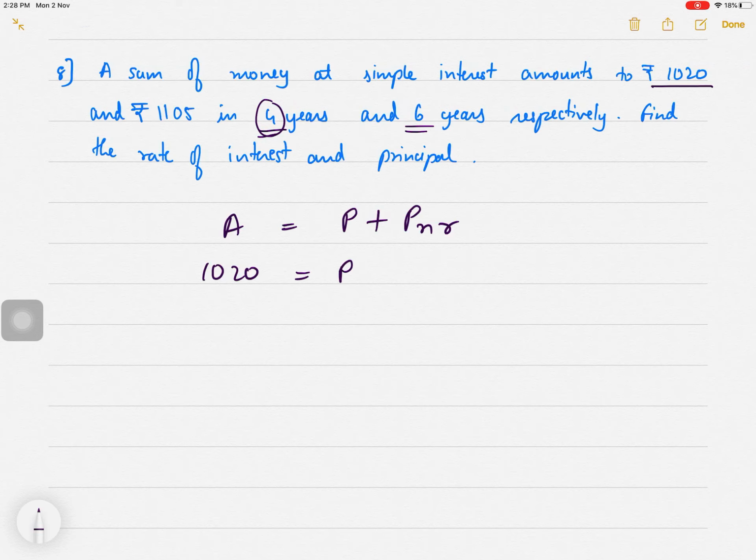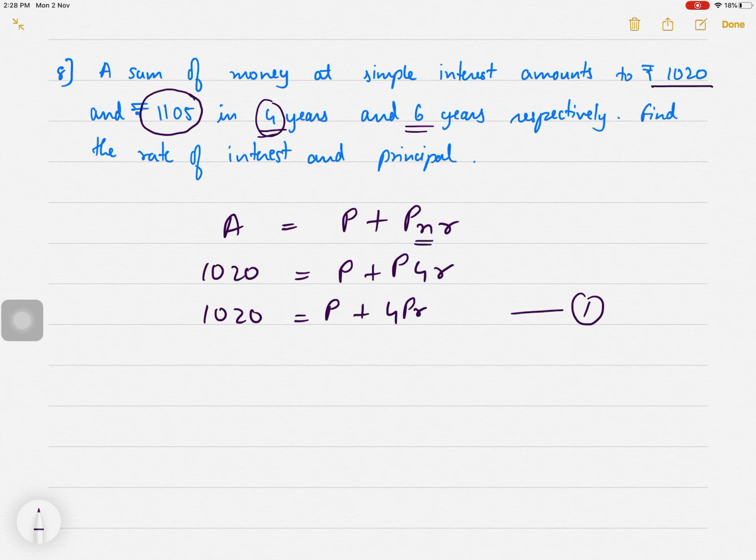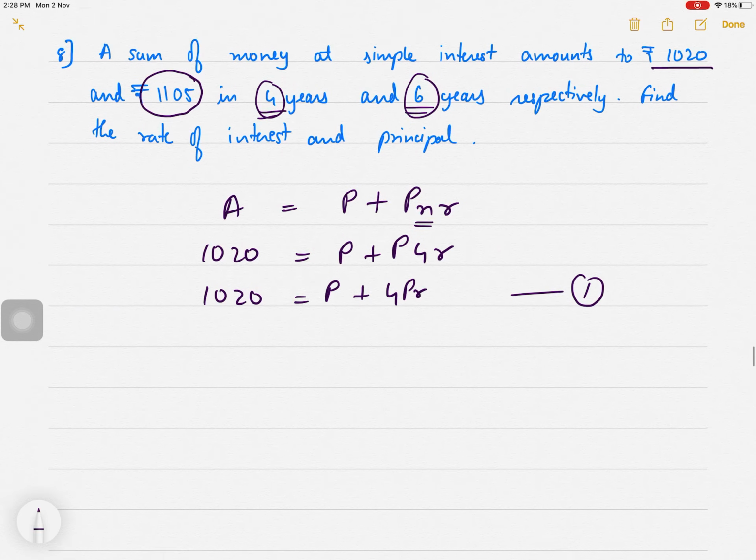1020 is equal to P plus P into, instead of writing N, I will write 4 years, and R you don't know, right? So this I can rewrite, which is 1020 is equal to P plus 4PR. This is my equation 1. My second equation, amount becomes 1105 after 6 years, right?